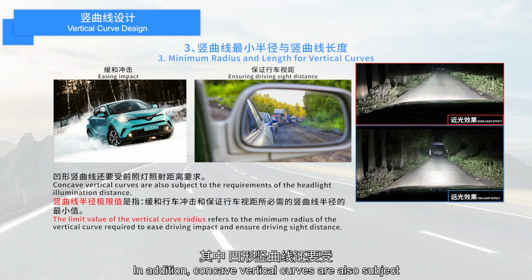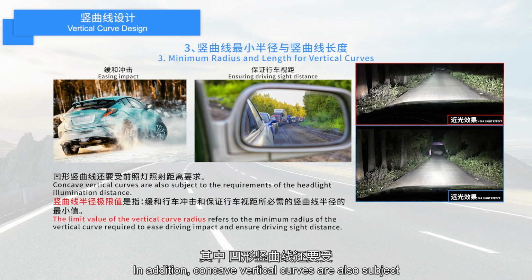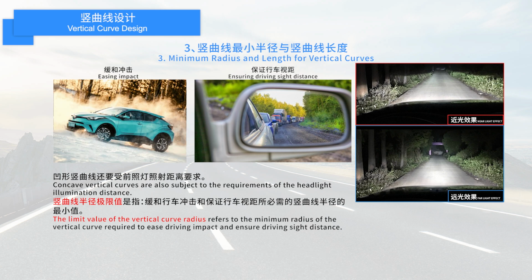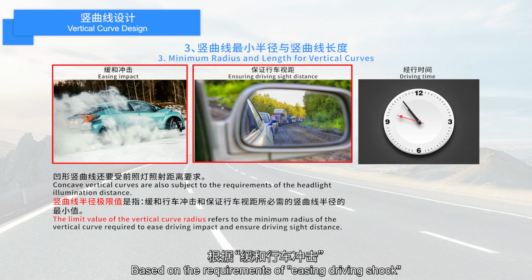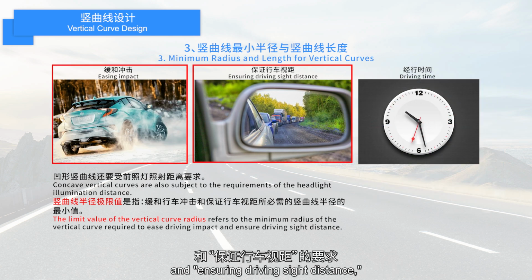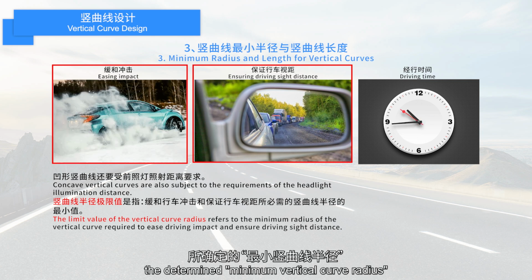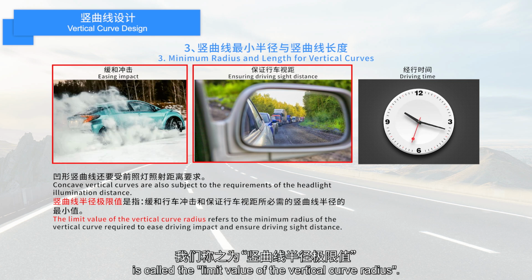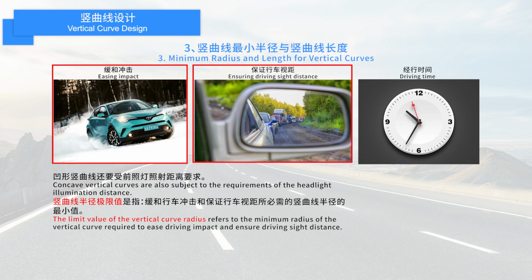In addition, concave vertical curves are also subject to headlight illumination distance requirements. Based on the requirements of easing driving shock and ensuring driving sight distance, the determined minimum vertical curve radius is called the limit value of the vertical curve radius.